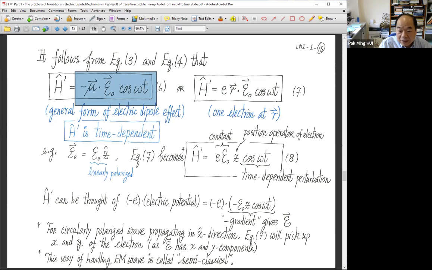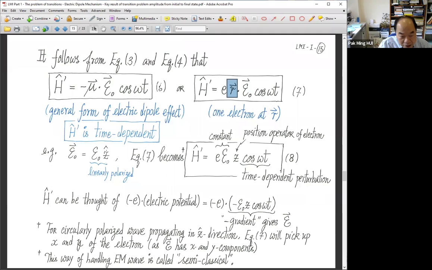And then tuck in the electric dipole moment, which is minus er, therefore we pick up e times r and then dot into the field. So 7 is still quite general. But if we only consider linear polarized light, this dot product can be easily carried out.